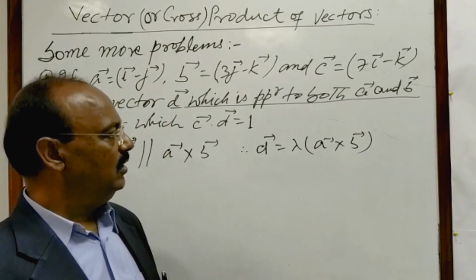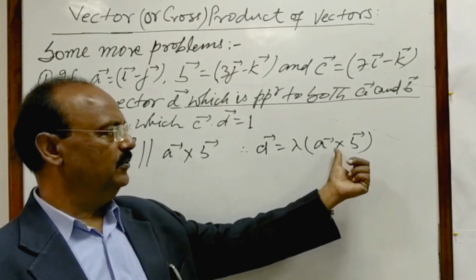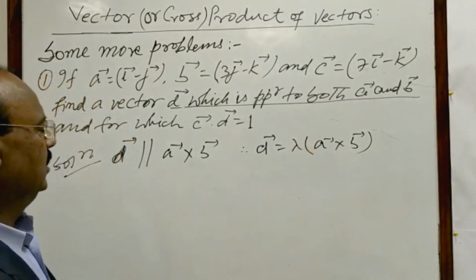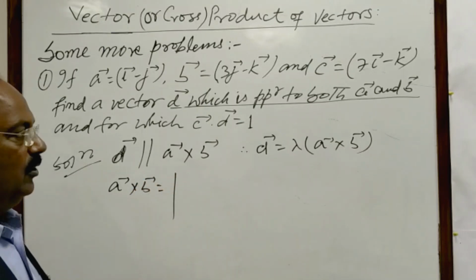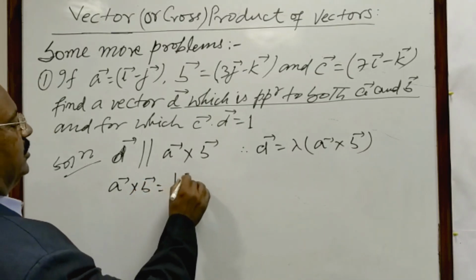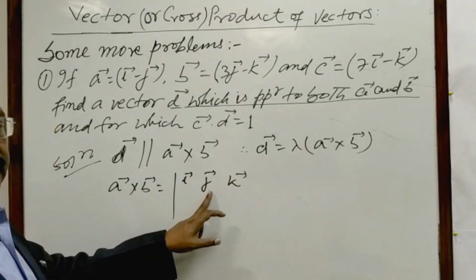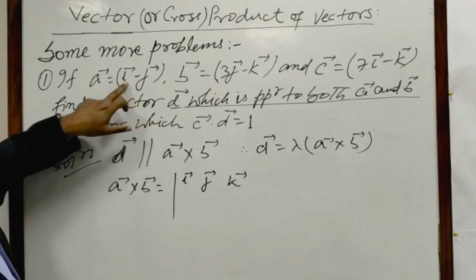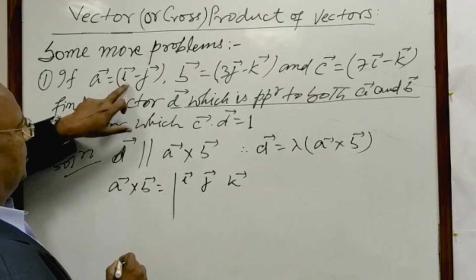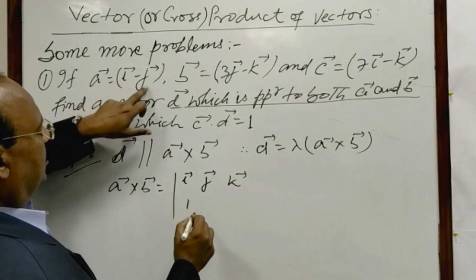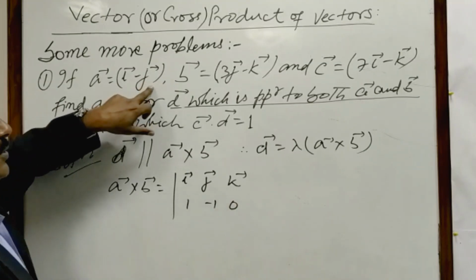So here first of all we will try to get this value A cross B. In the previous video we have already discussed how to get cross product of two vectors. This can be expressed with the help of a determinant. Here we write unit vectors i, j, k. Here first row will consist of coefficients of first vector A, that is coefficient of i is 1, coefficient of j is minus 1 and there is no term of k, so coefficient will be 0.